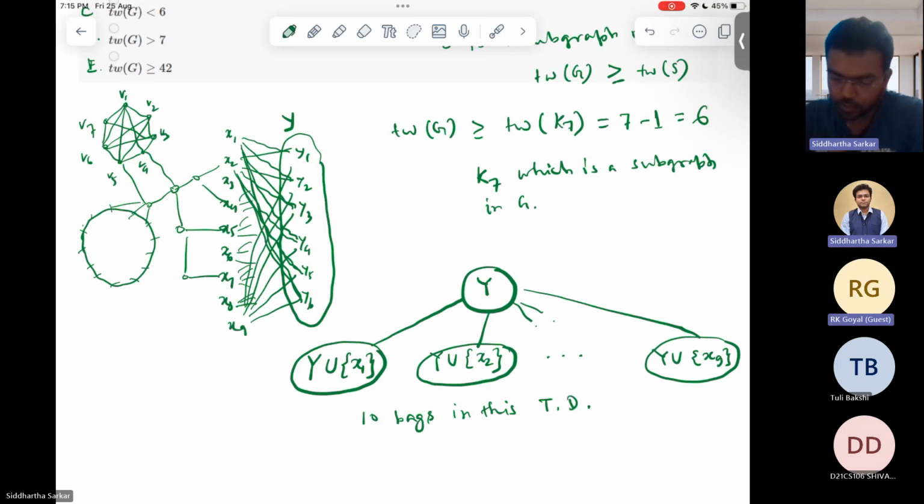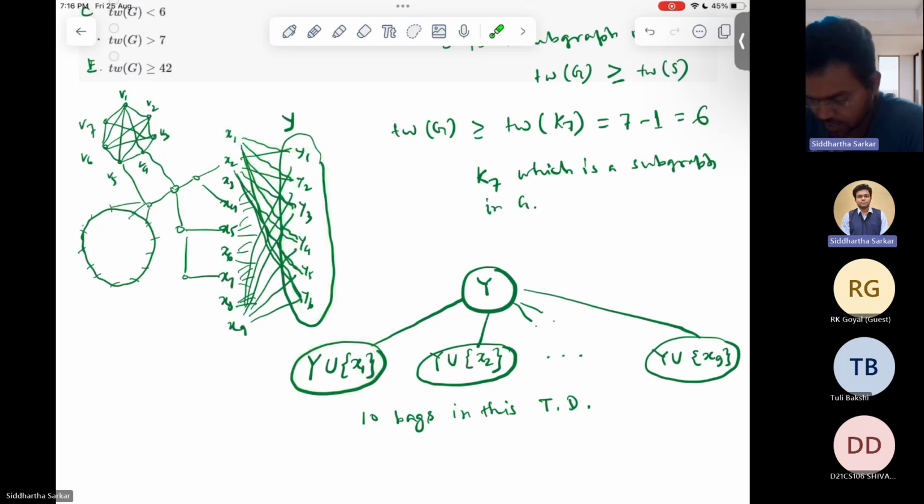Okay, now we have to verify two things. First, whether for every edge, there is a bag containing both the endpoints. The edges are between X and Y, and not within Y's or within X's. This bag contains all the pairs where X1 is present on one side and all the other Y's are also there.